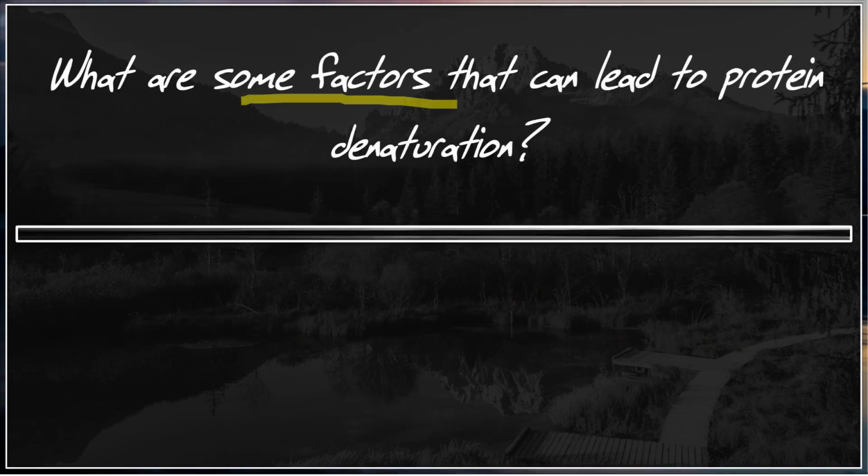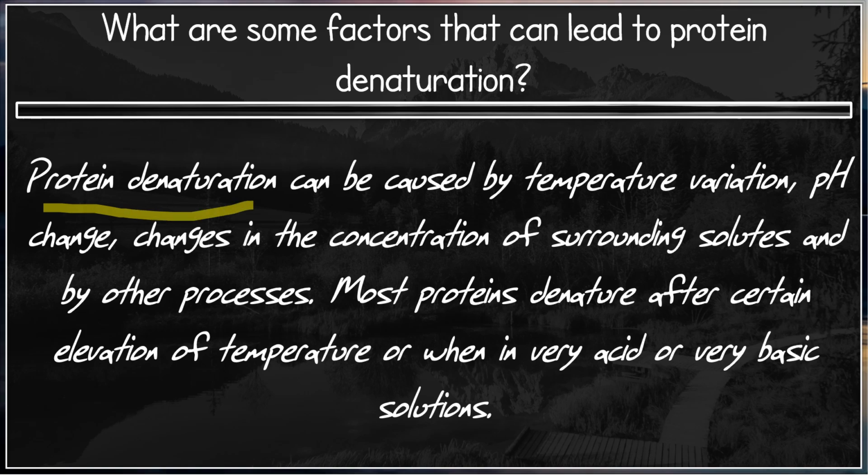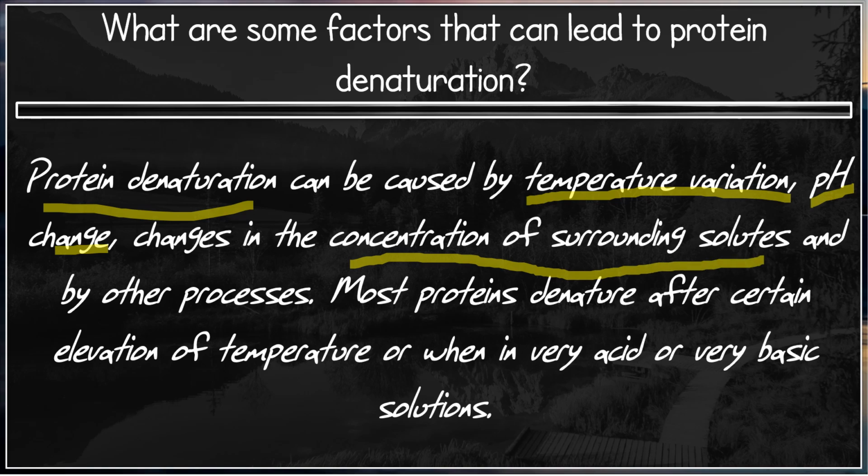What are some factors that can lead to protein denaturation? Protein denaturation can be caused by temperature variation, pH changes, change in the concentration of the surrounding solute, and other processes.